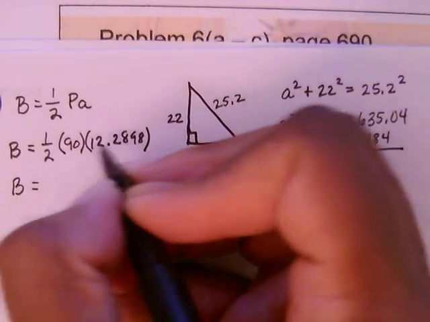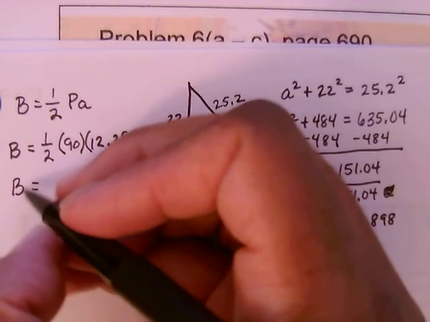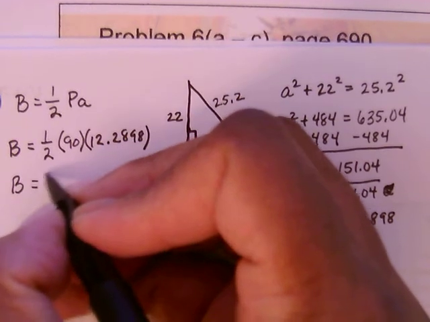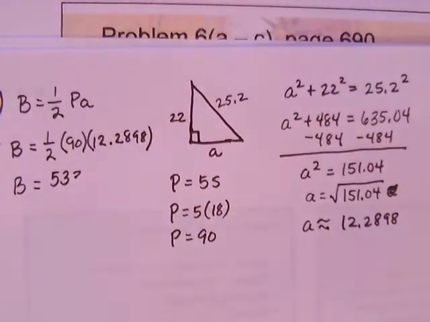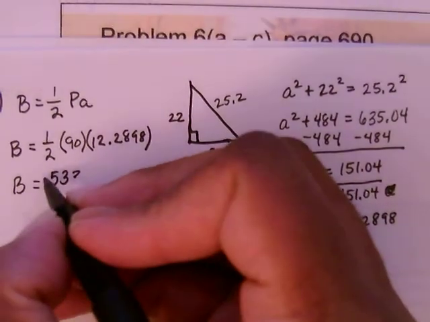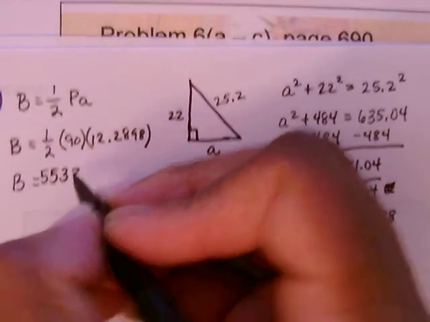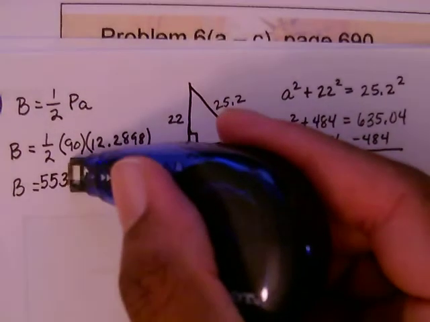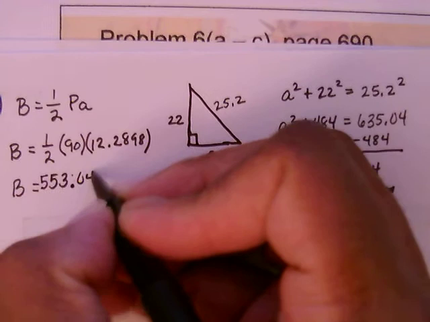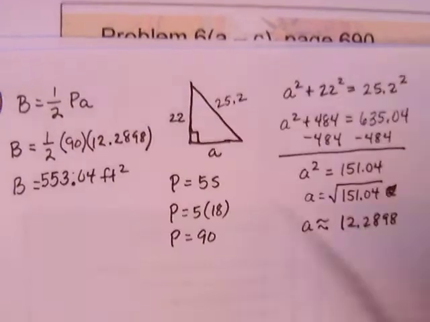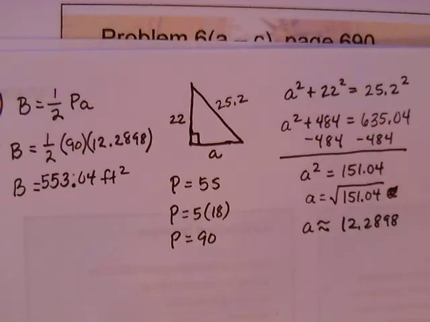Multiply all this out, you would get approximately 553.04 square feet. So that answers part A, finding the surface area of the base.